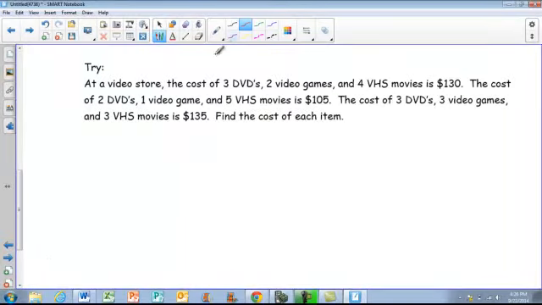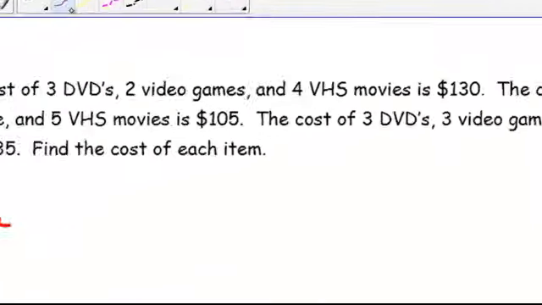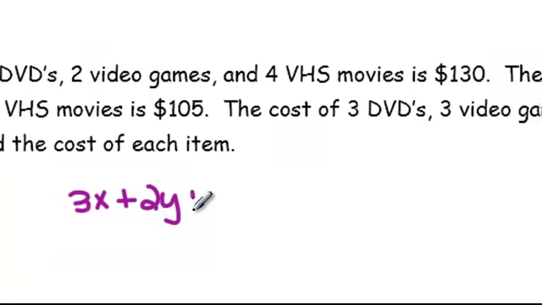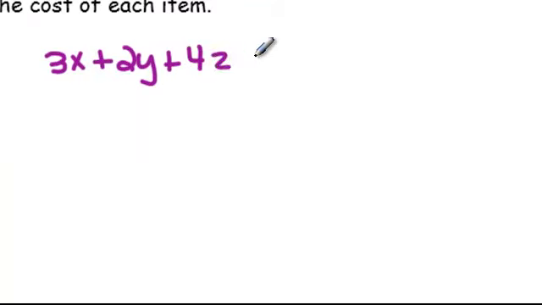So again, first thing I'm going to do is identify my variables. X is going to be the DVD. Y is going to be the video game. And Z is going to be the VHS. For my system then, I have 3x plus 2y plus 4z equals 130.